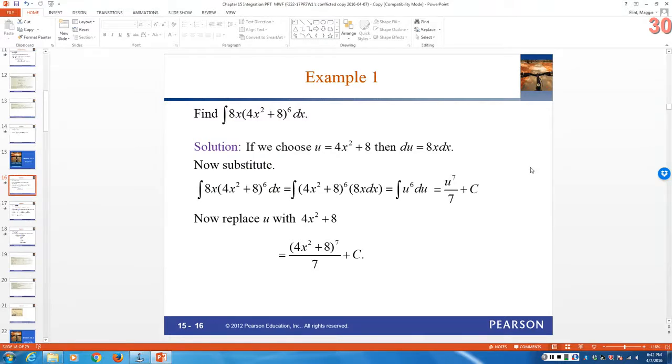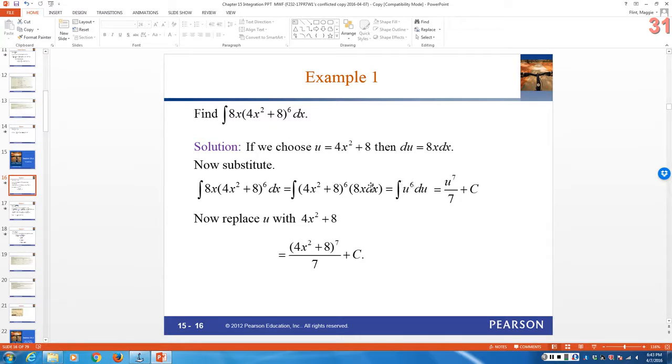Now, when it talks about u, think of u as just being whatever's in the parentheses. Okay? In this case, u is 4x squared plus 8x. The derivative of u is 8x dx. Since 8x dx is already present in the problem, then really all we're doing is taking the derivative of something to the 6th power.